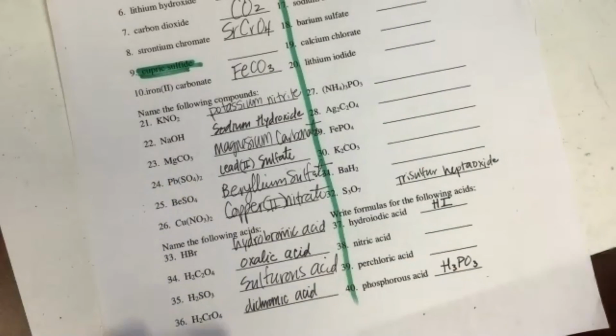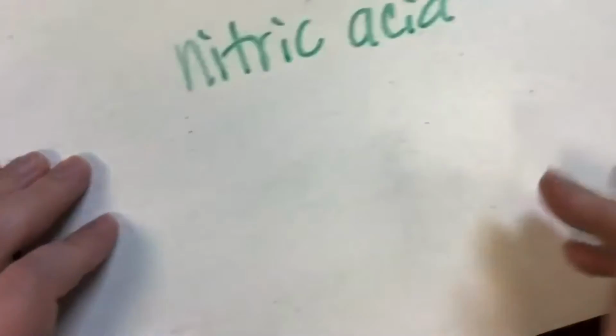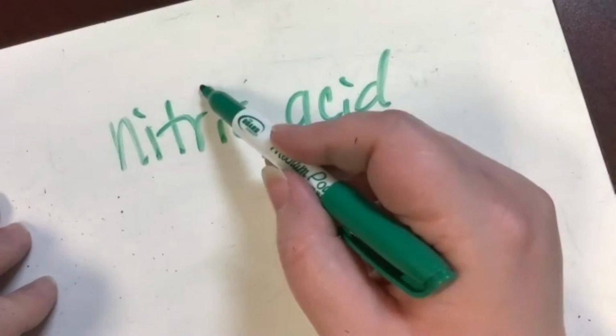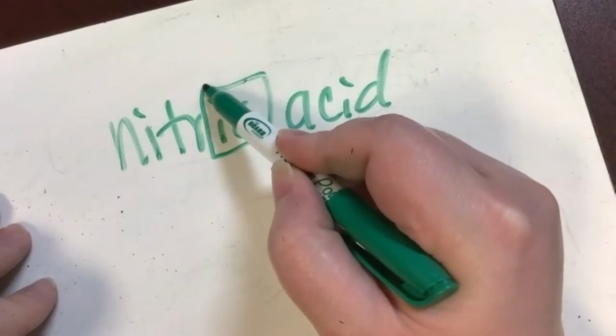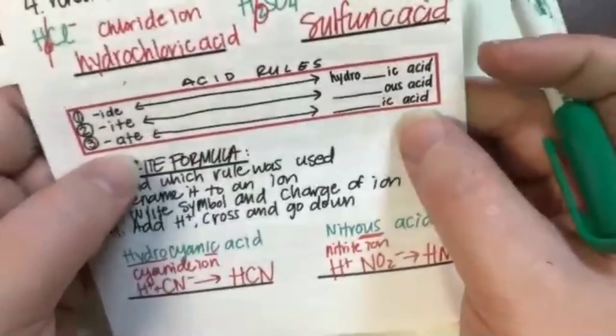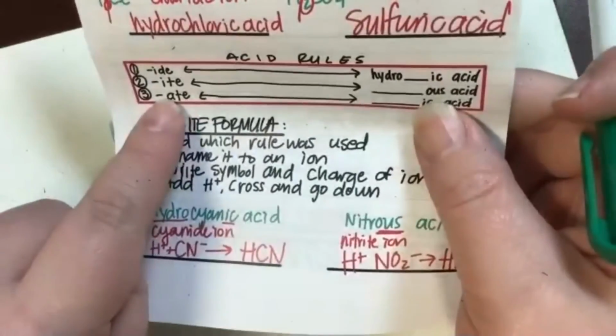Let's do 38 and 39 and we'll be done. So 38 is nitric acid. So you've got to figure out which rule it used to figure out what the ion's called. So this is ic acid. So that's the third rule right here. So it used to be called nitrate.